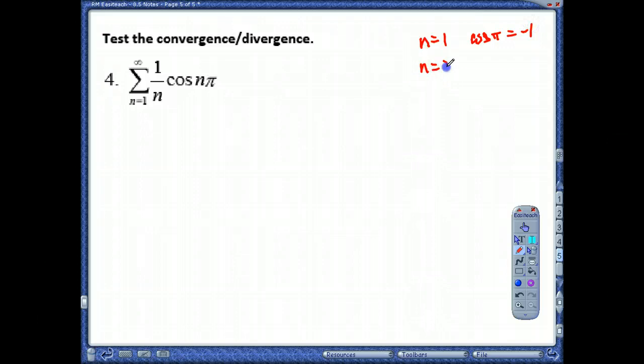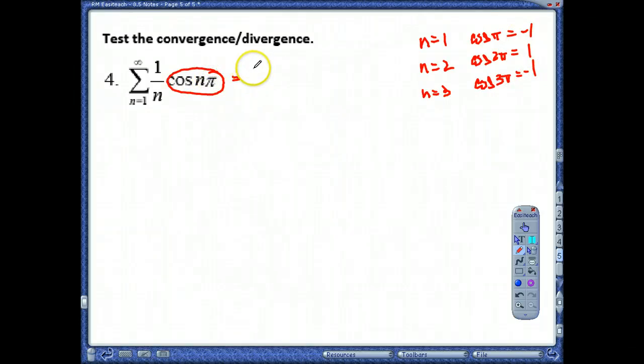If I do n equals 2, that's going to be the cosine of 2 pi, which is +1. n equals 3, that's going to be the cosine of 3 pi, which is -1. Oh, this guy right here is our alternating factor. So this guy is actually going to be 1 over n times -1 to the nth power. So it is an alternating series.